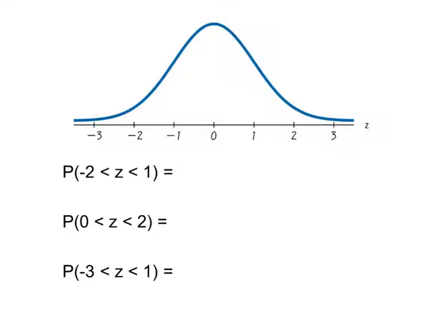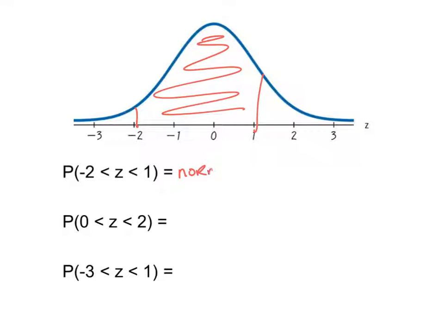So here we have some examples of what it would look like if we didn't do something symmetric. If I wanted to know the probability that something fell between a z-score of -2 and a z-score of +1, that's not one of those numbers that I should have memorized. So to figure this out, I need to use my calculator.